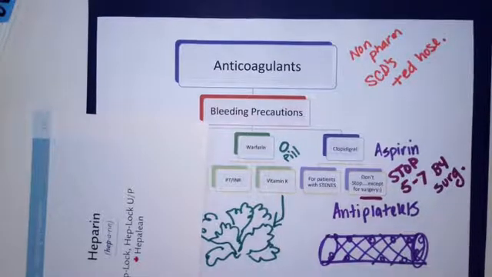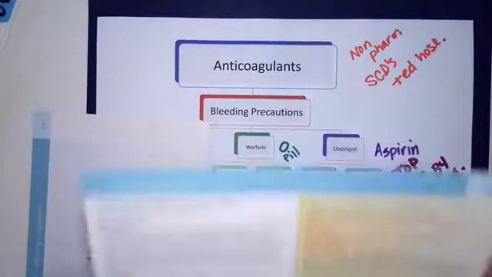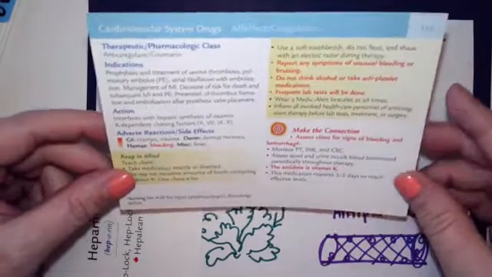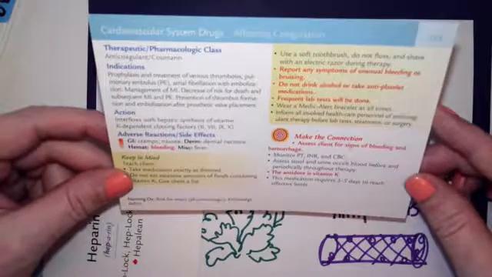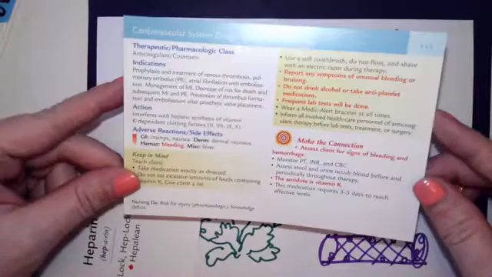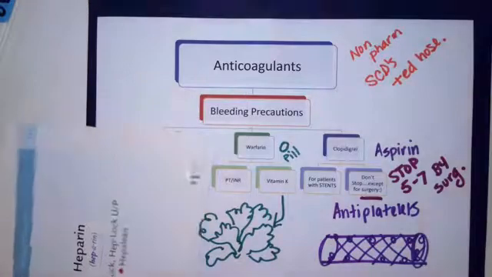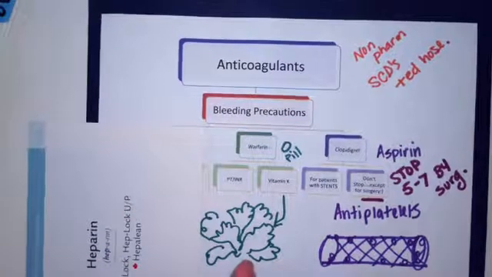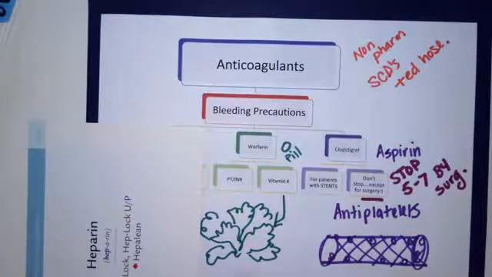So here's our warfarin. We are interfering with the hepatic synthesis of vitamin K dependent clotting factors. So vitamin K is found in green leafy vegetables. So our patients can have those. We don't want to stop them from having them, but they just need to have them on a regular, stable amount.